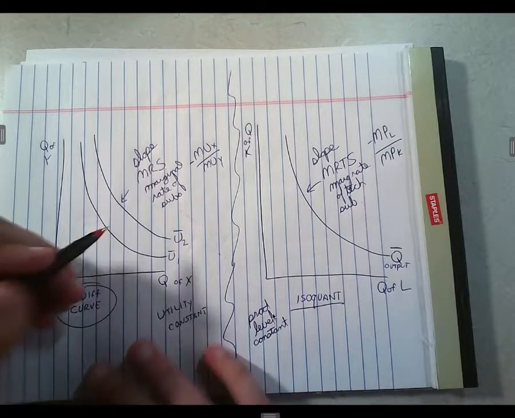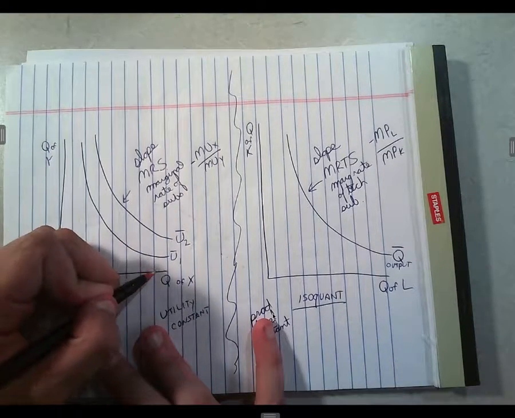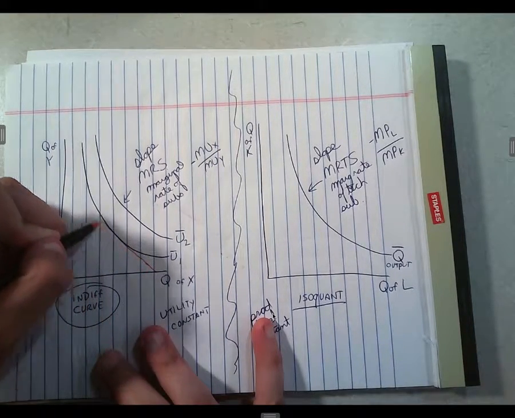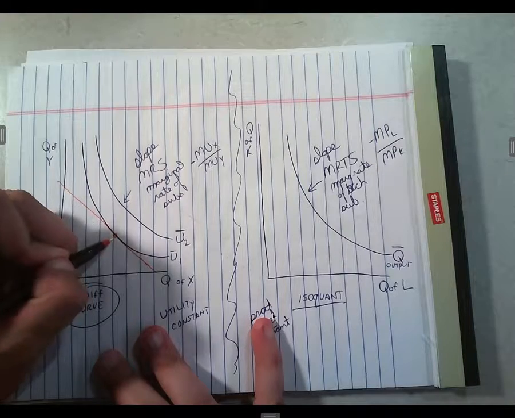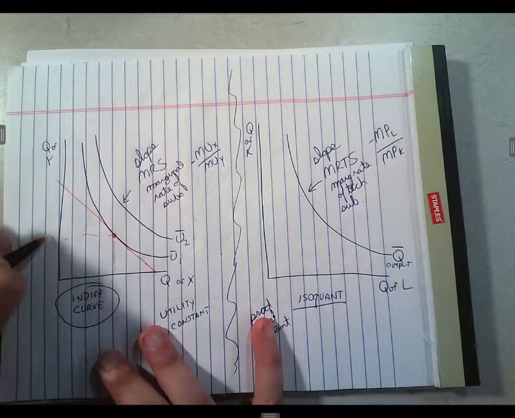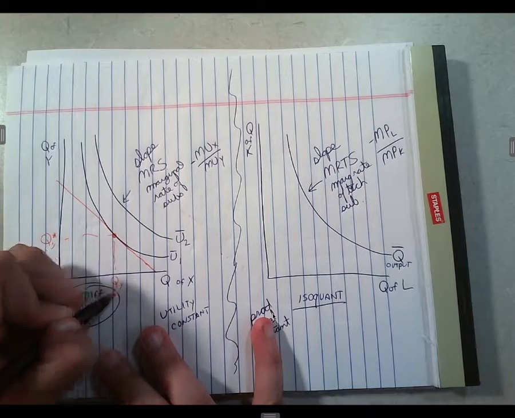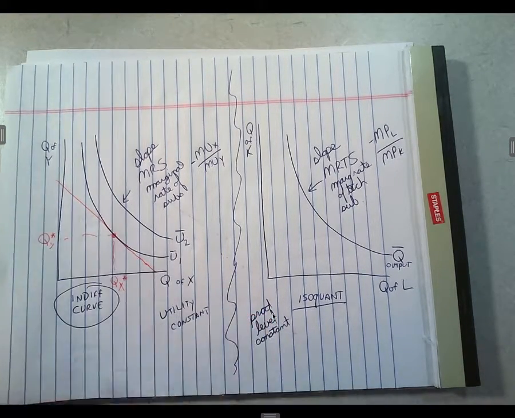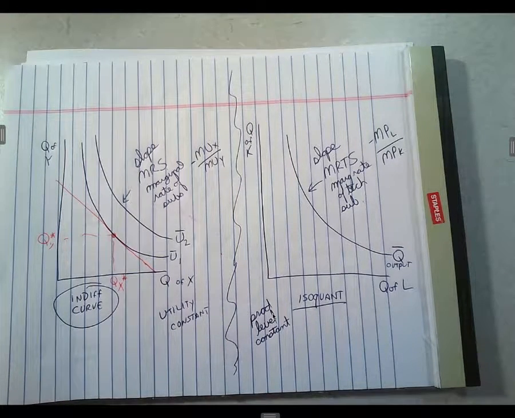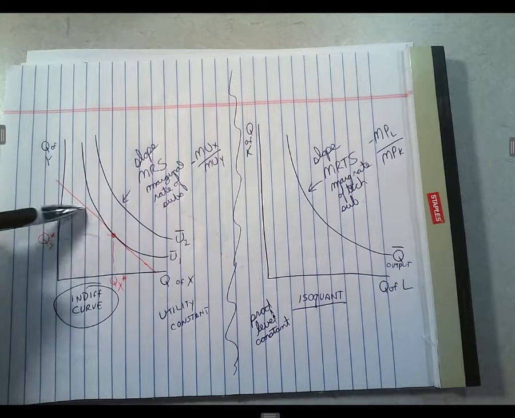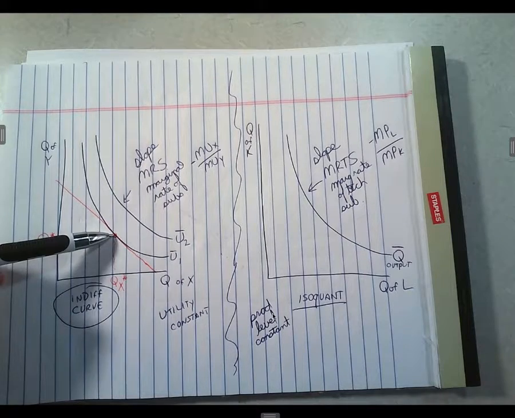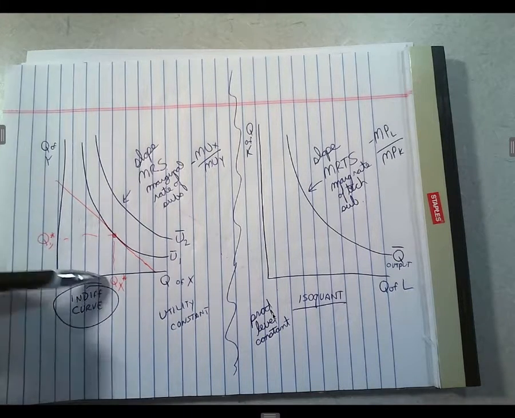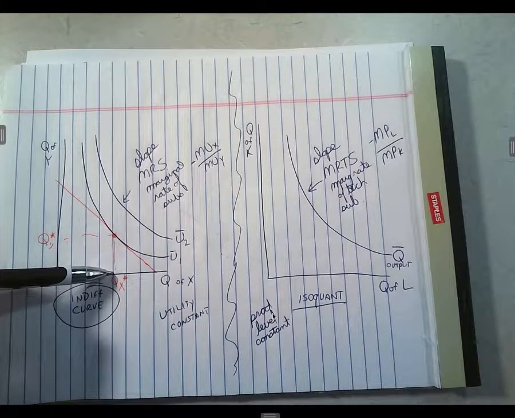And the decision that this consumer ultimately made would be right here. They would consume this bundle of the two goods because presumably there would be a budget constraint line that would touch this curve at one point. And now here's my optimal choice.